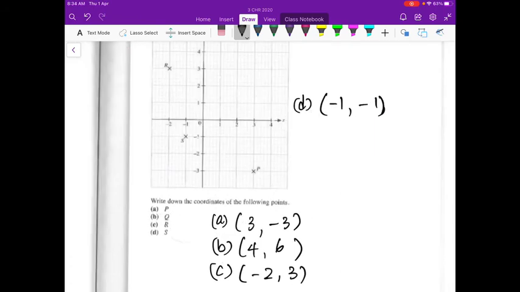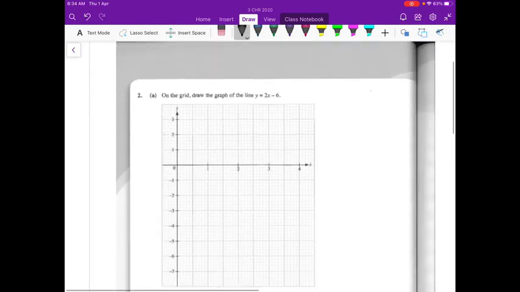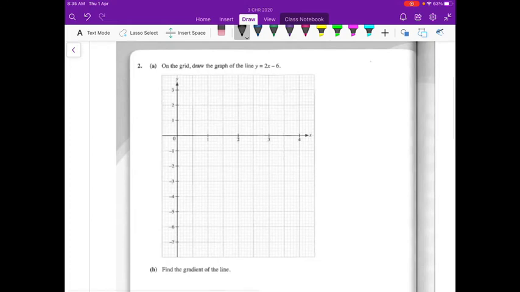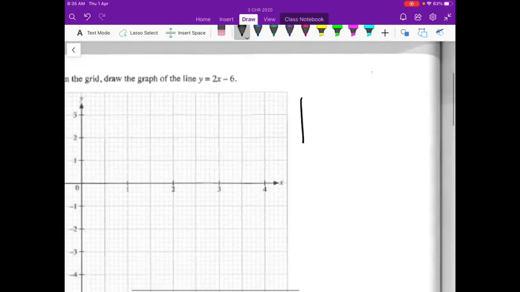Firas, got all correct? Shamim? Draw the line y equals 2x minus 6. In order to do that, we need our x and y values, our table of values. Why?